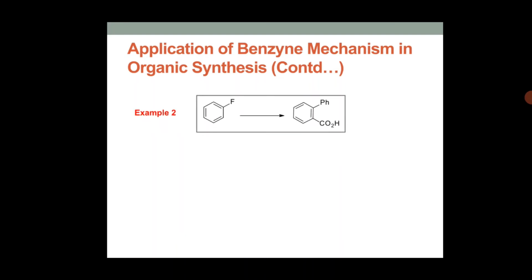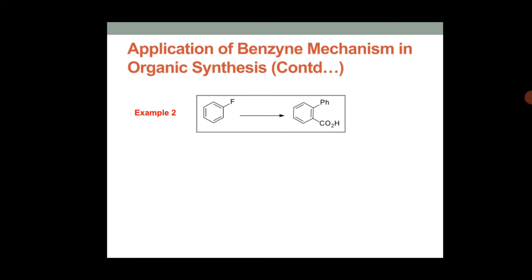Fluorobenzene has to be converted into 2-phenyl benzoic acid. How can we do so? You can pause the video, think about it, come back and look at the answer. Well, now fluorobenzene is an aryl halide.